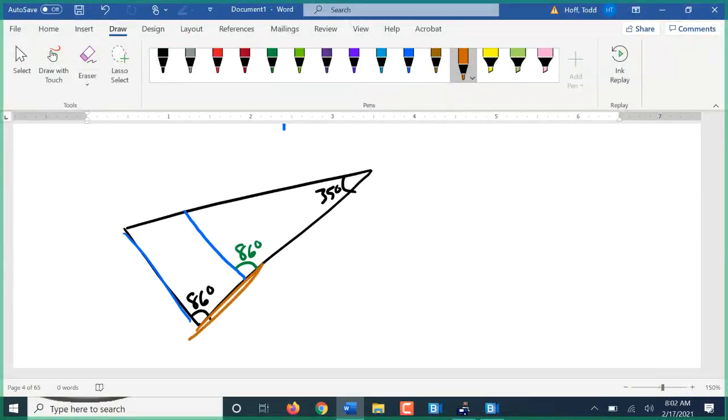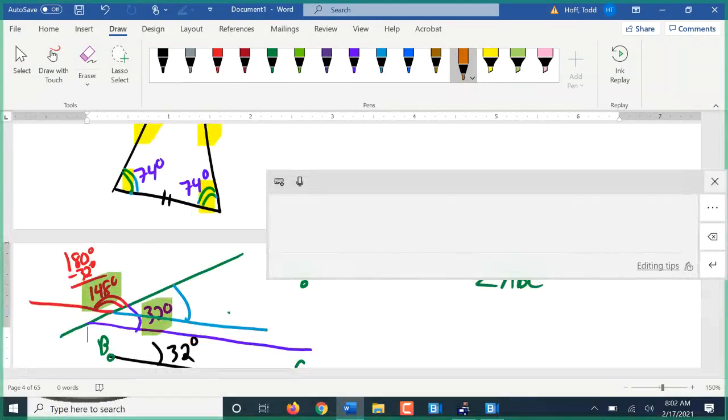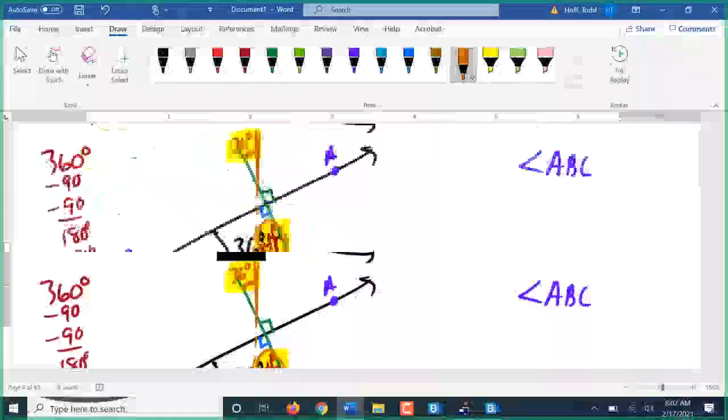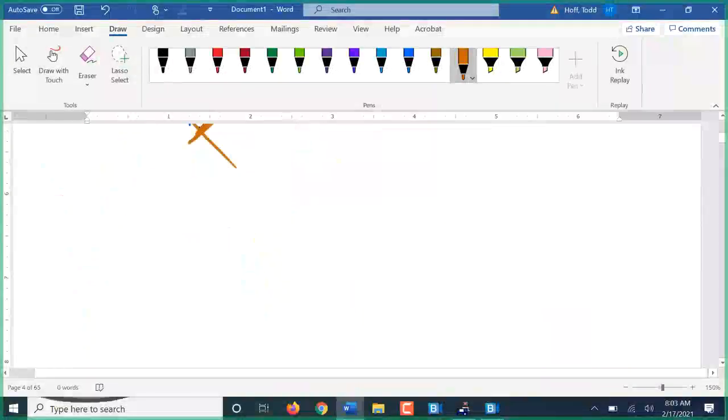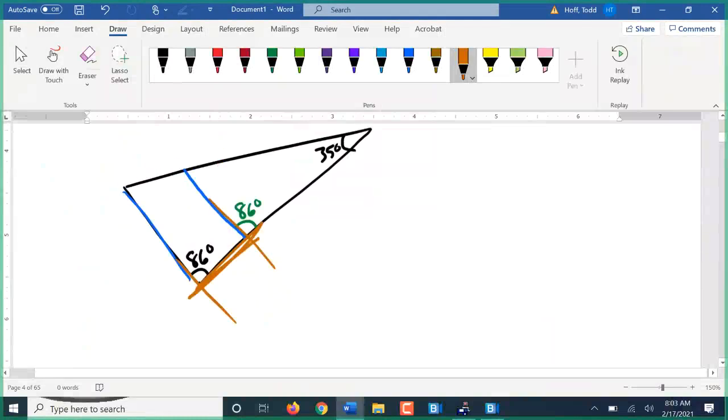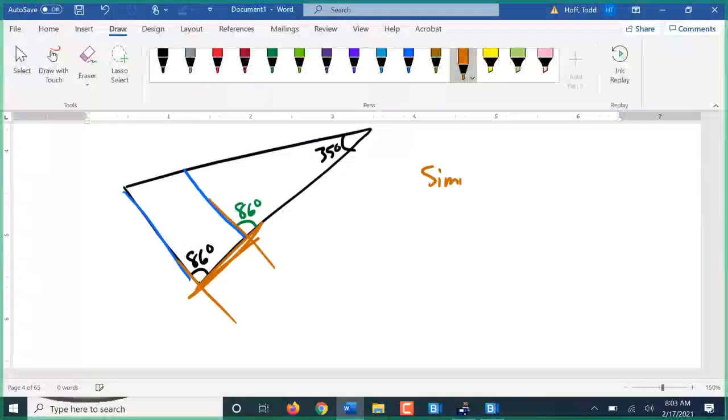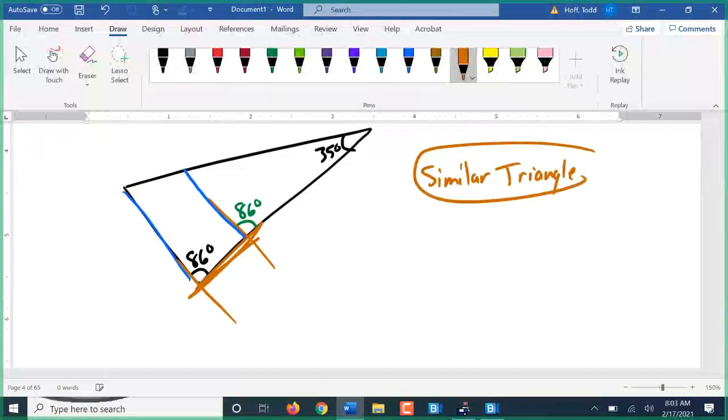This here just becomes a transversal across these two parallel lines. Angles have to be the same. I end up with a similar triangle. The triangle is definitely smaller, but the angles are all the same.